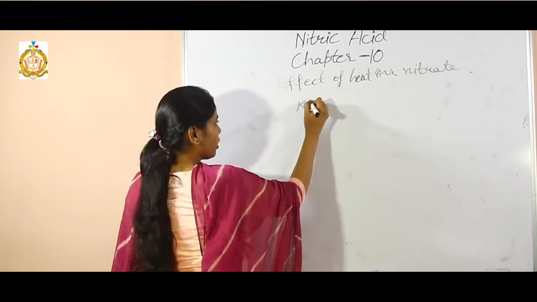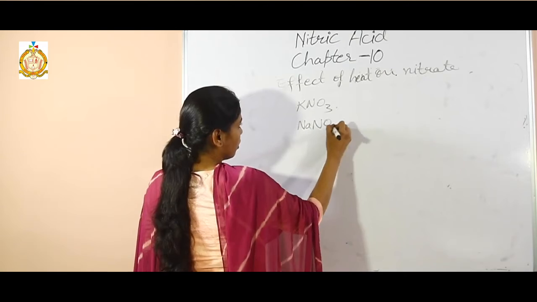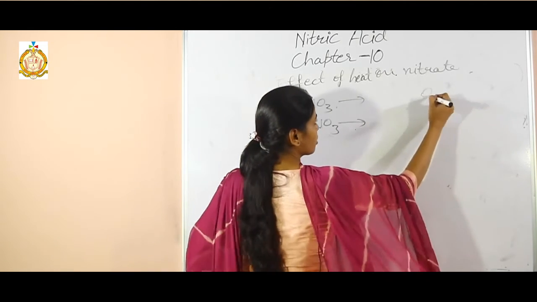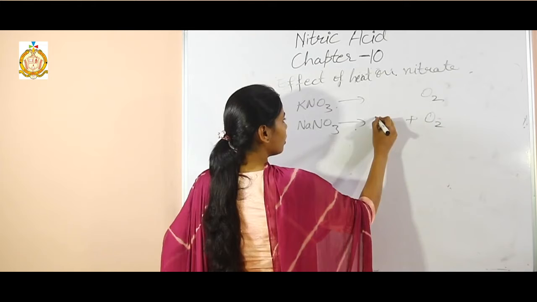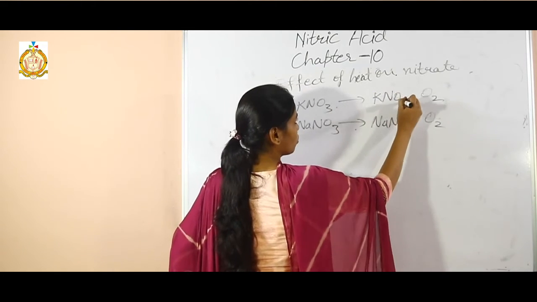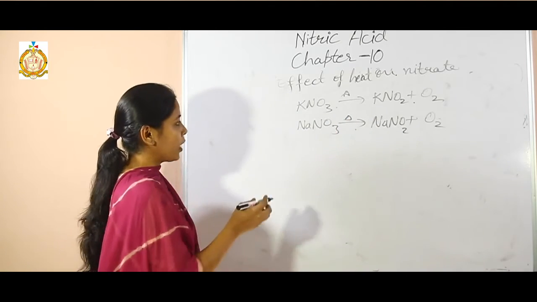As you know, you have done in 9th standard, potassium nitrate and sodium nitrate. They both give oxygen gas, a colorless gas, on heating, with their nitrite, KNO2. The heating sign is delta. After that, balance.